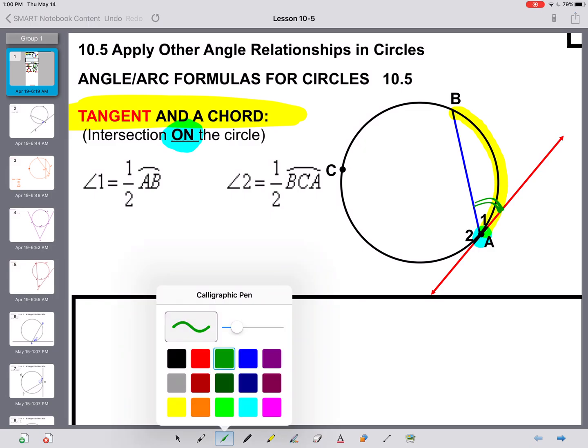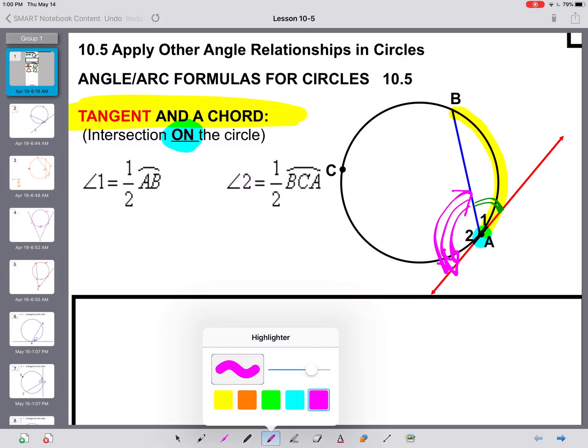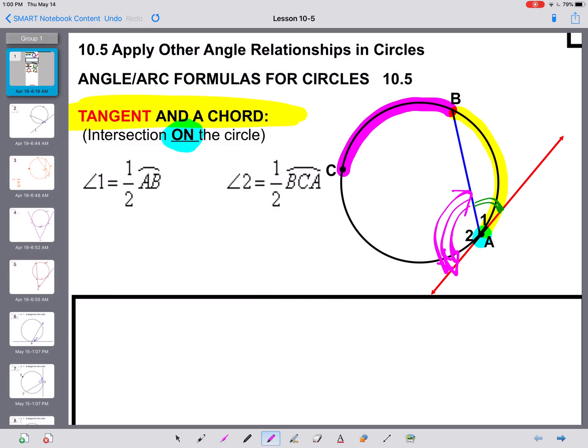Same over here. Look at this one. The angle that is formed is equal to 1/2 of the arc that it opens up to. That's formula one, and that's for a tangent and a chord.